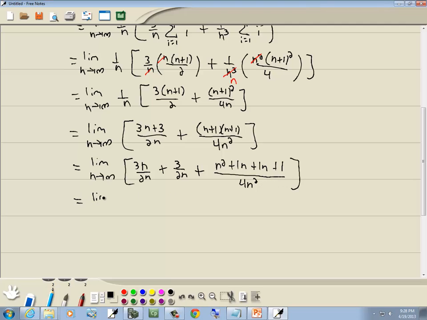These n's cancel, and we've got 3 halves plus 3 over 2n plus, and I'm going to split these into separate fractions, n squared over 4n squared. 1n plus 1n is 2n, so we've got 2n over 4n squared plus 1 over 4n squared.